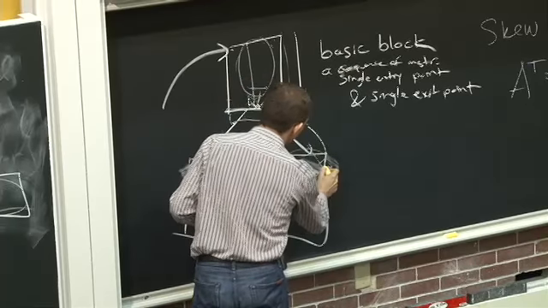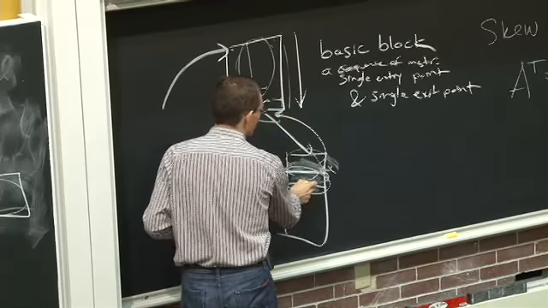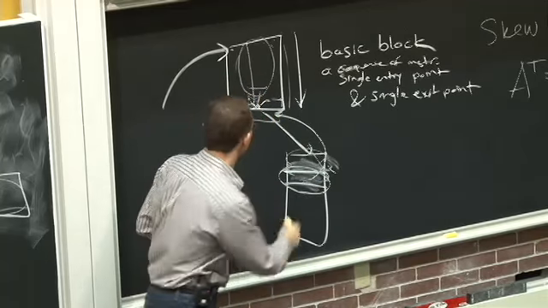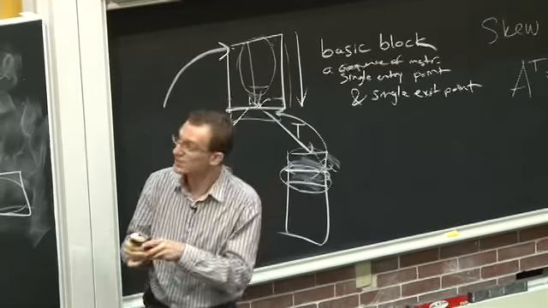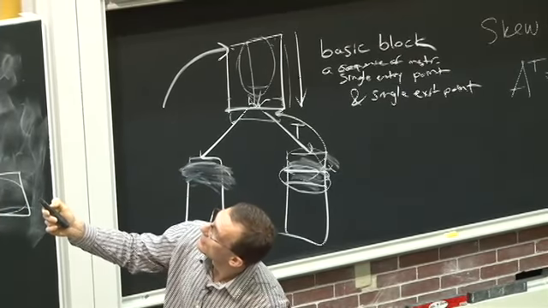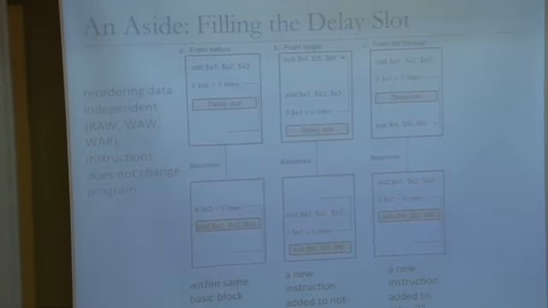Now, if the branch goes this way, this instruction should have been executed. That's good, right? Let's say this is the taken path. In this case, this is from the target. At the target, you have this subtract instruction. Let's say you want to fill the delay slot with that subtract instruction.